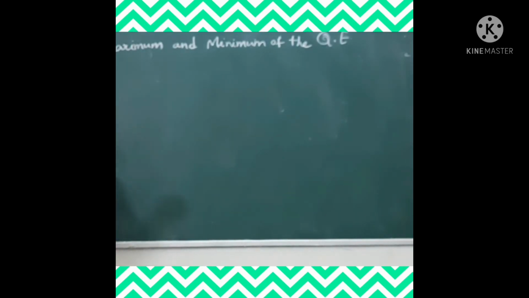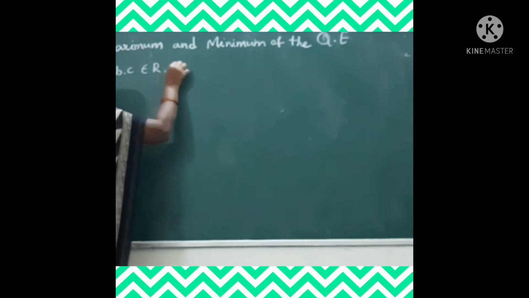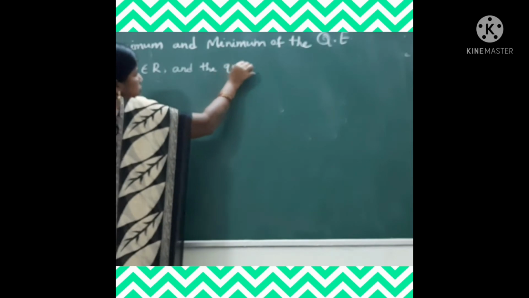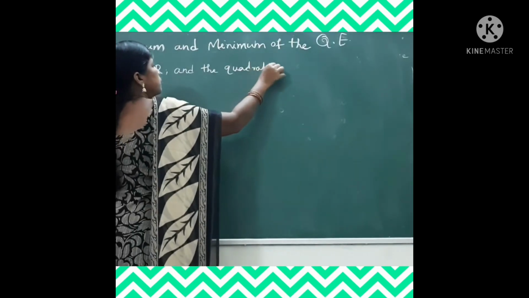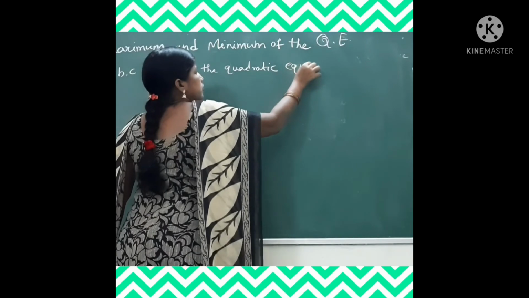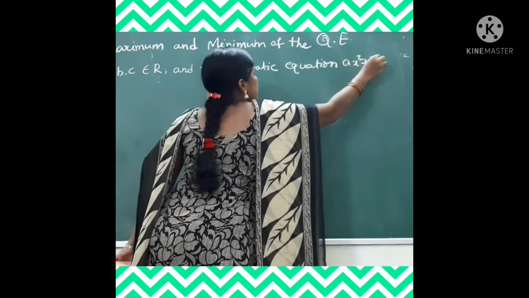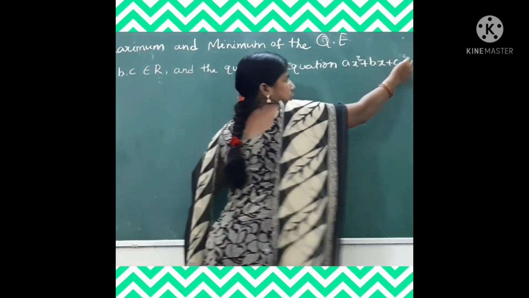Okay. Here see here. Generally, if a, b, c belong to R, in the quadratic equation ax square plus bx plus c is equal to 0.